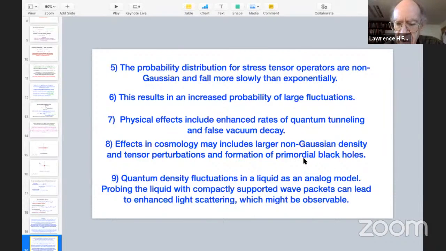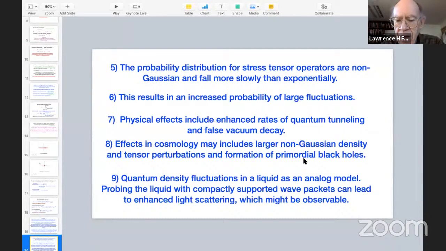Okay, so the analog here is that the density in a fluid looks a lot like a quantum operator. It looks like phi dot, where phi is a scalar field. So what that means is that fluctuations of the square density of a fluid are going to satisfy the same probability distribution as a relativistic field theory would.